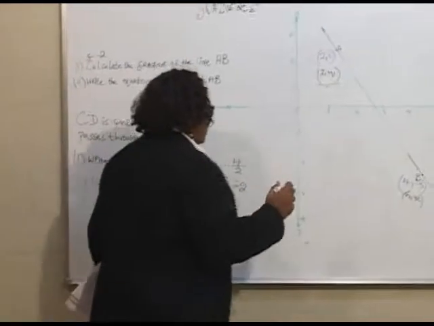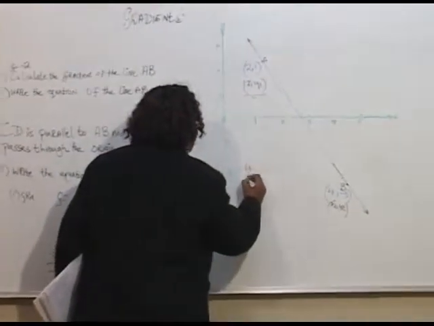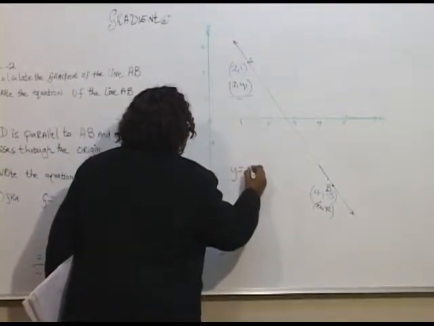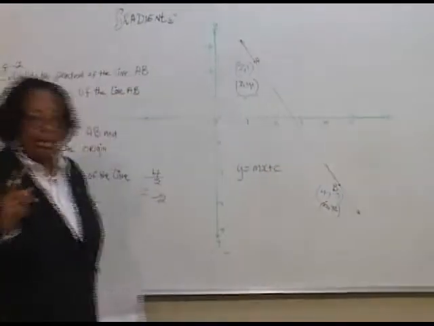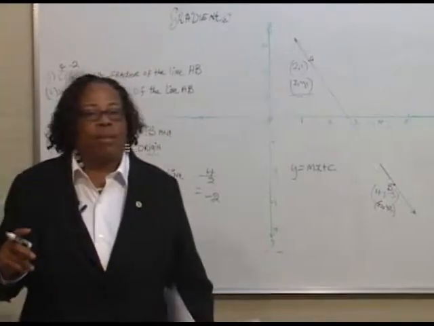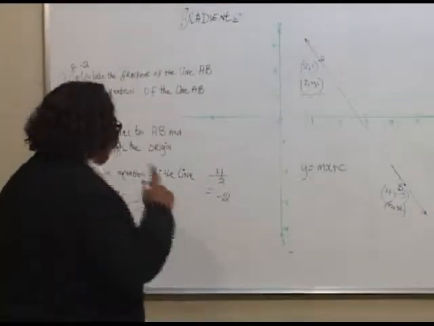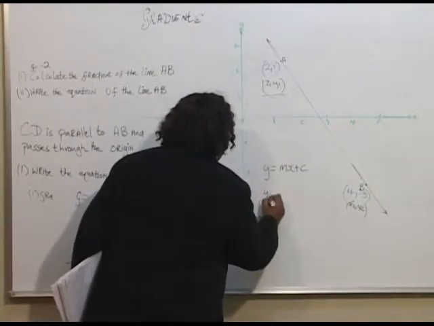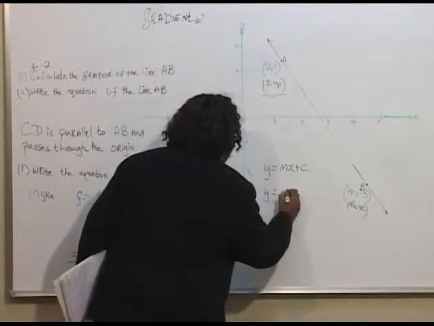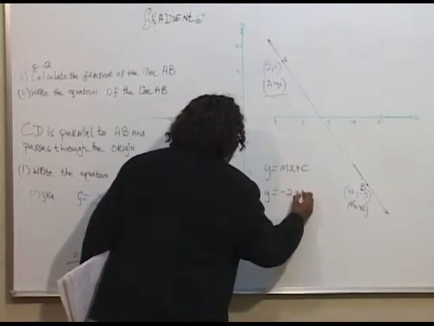Yes. What are you saying? It is y is equal to mx plus c. Correct. And what did we say these letters represent? Yes, the m immediately tells us it's the gradient, and we have found it. So it's now equal to -2x plus c.